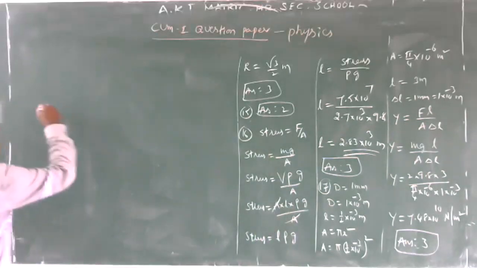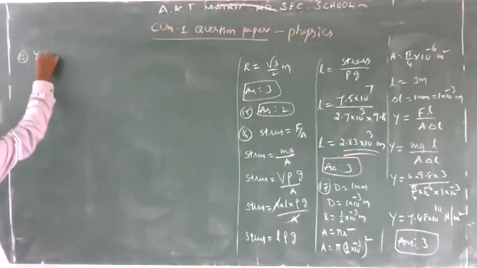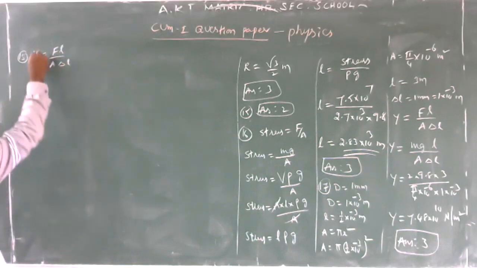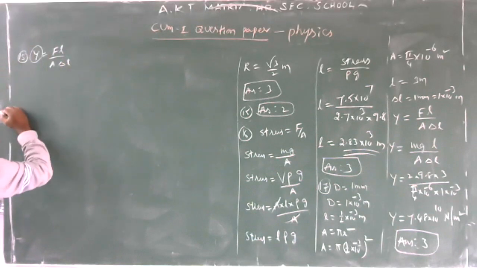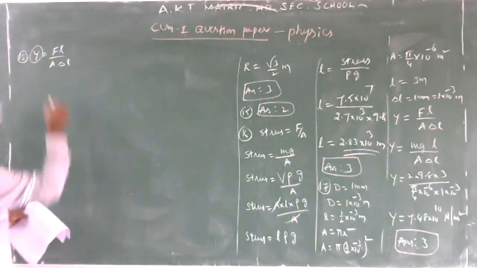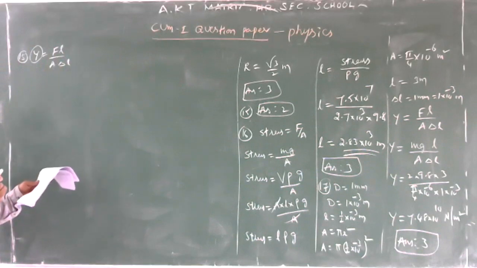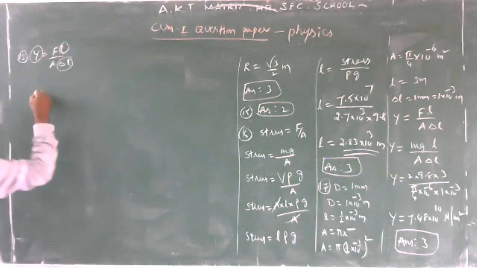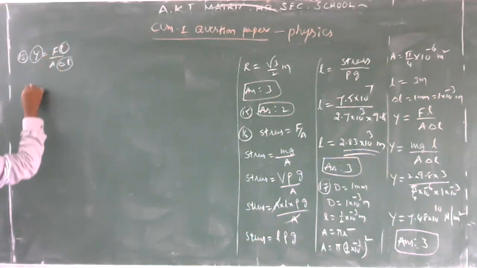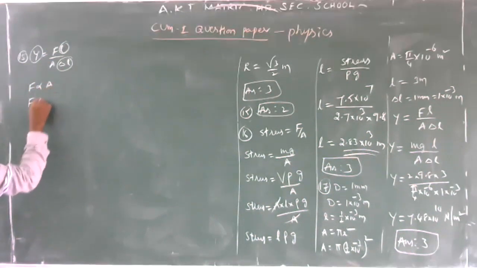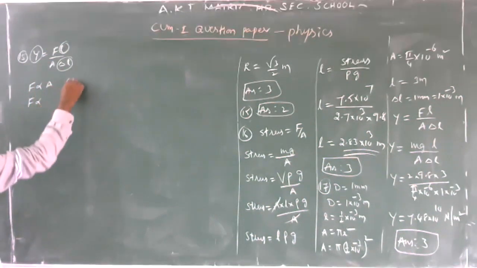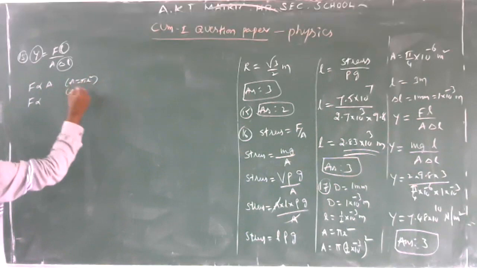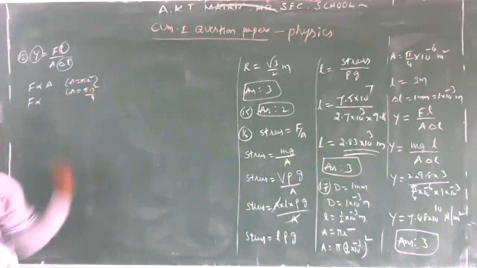Okay. Here F by A is equal to constant. So F is proportional to A, where A is equal to pi r square, and with r equal to D by 2, A is equal to pi D square by 4.